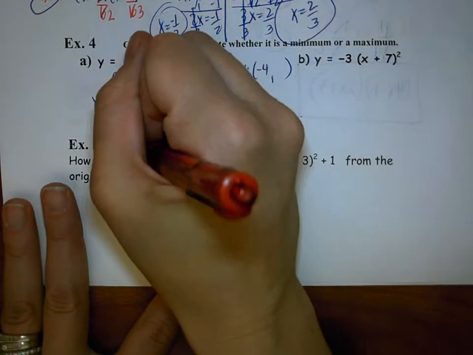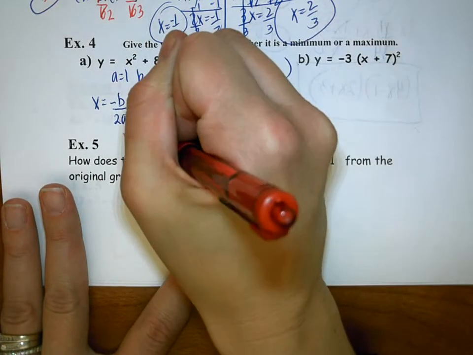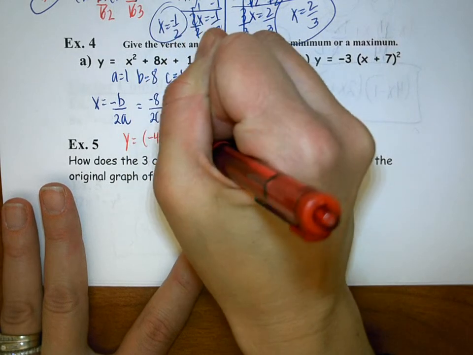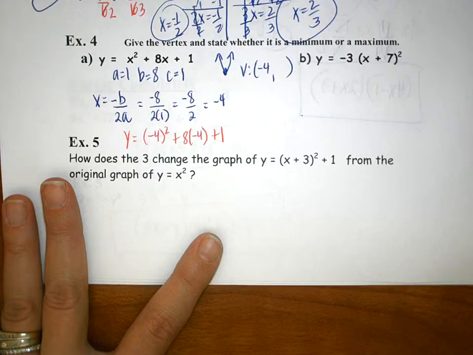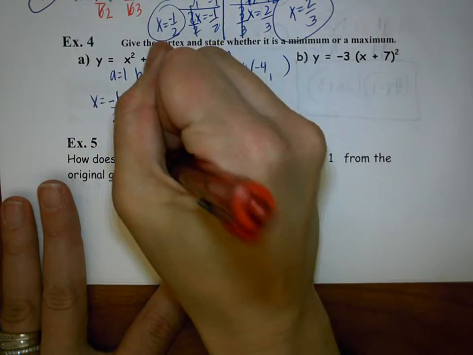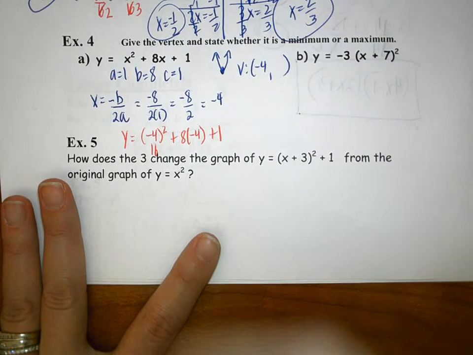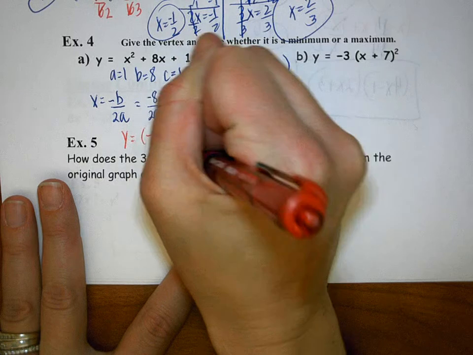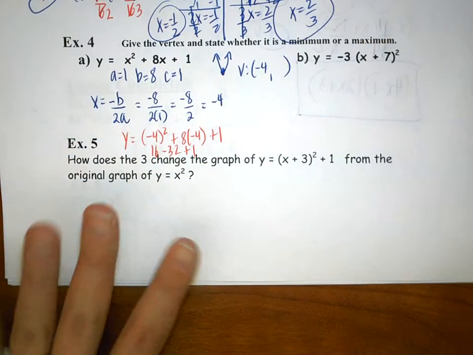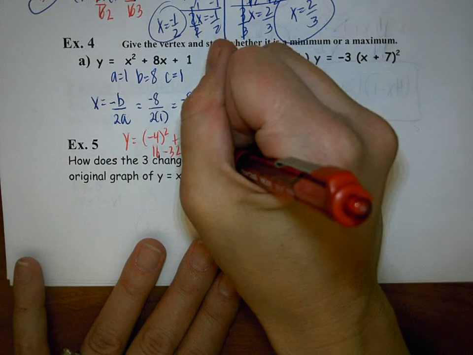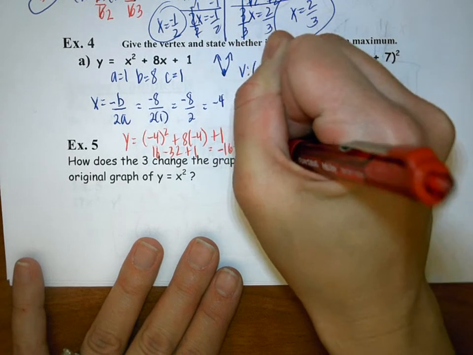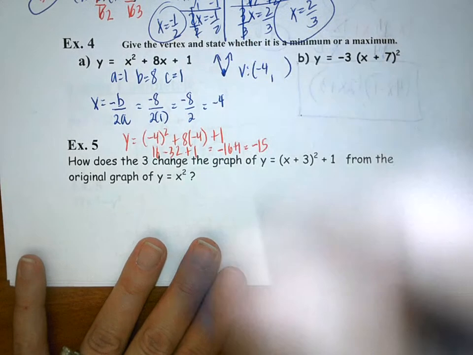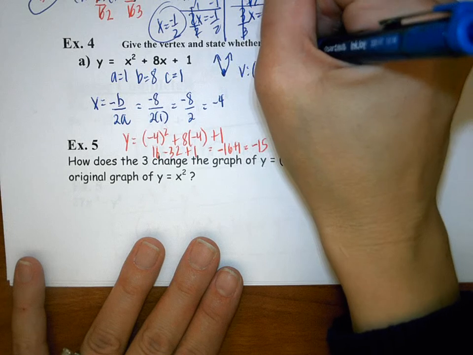So we have y equals negative 4 squared plus 8 times negative 4 plus 1. Negative 4 squared is 16. 8 times negative 4 is negative 32, plus 1. So 16 minus 32 is negative 16, plus 1 makes negative 15. So my vertex is negative 4 comma negative 15.